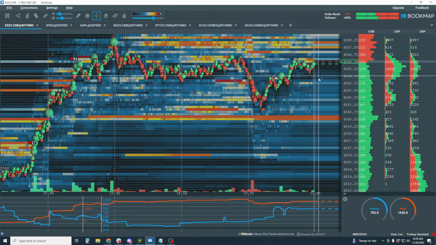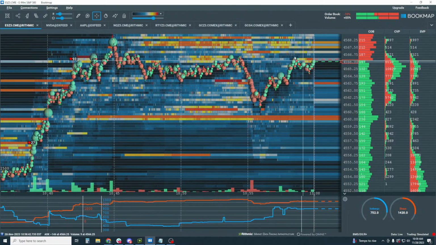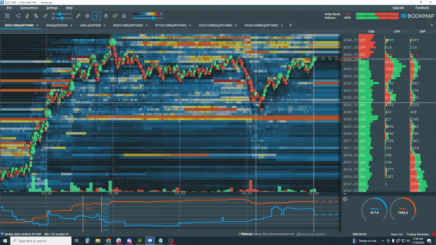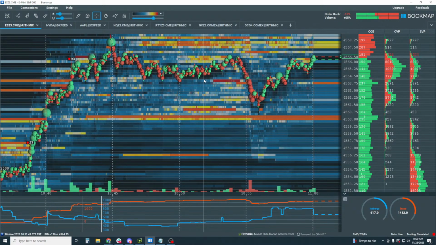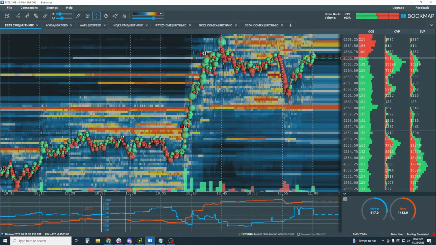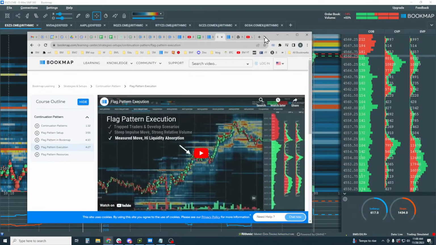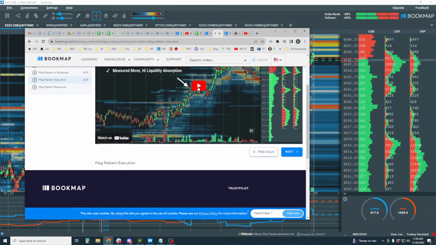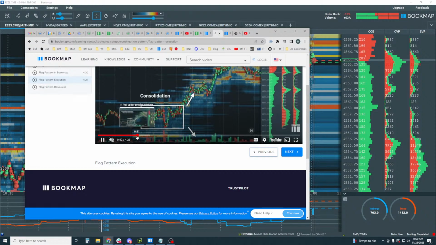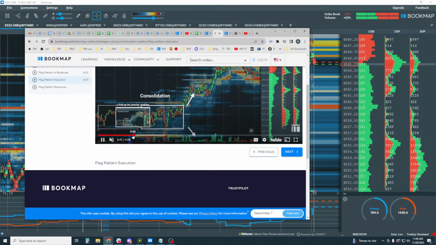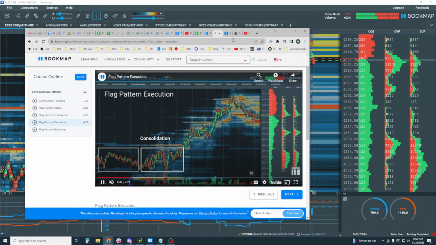Now looking for buyers to sweep it higher here, and these sellers in here having to cover on the way up. So this is the same concept that we talked about in the flag pattern in these videos, by identifying the trapped buyers and sellers that we see in these little areas in the consolidation here.